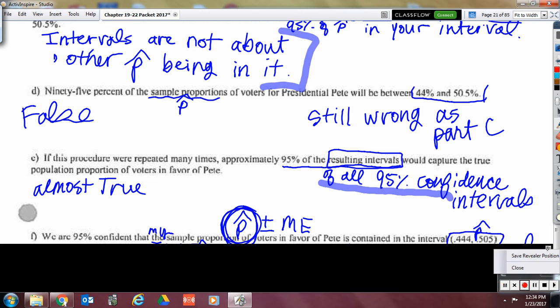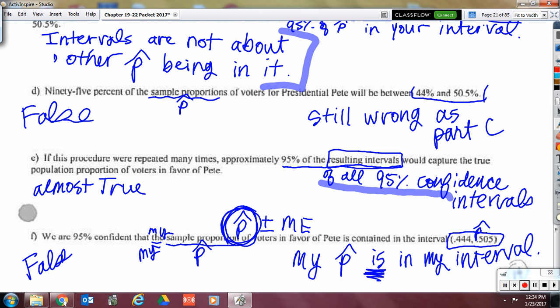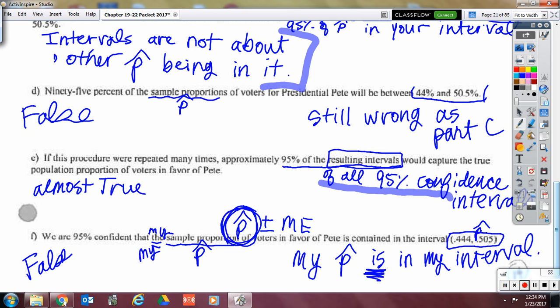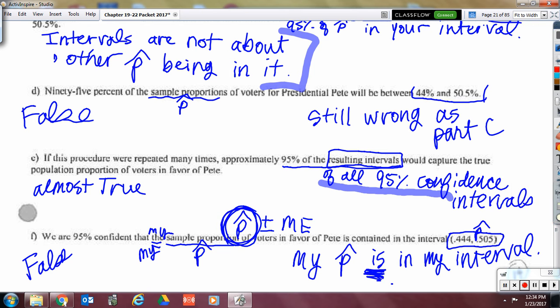Because if I made my interval with my p hat, then heck yeah, my p hat is in my interval because I made my interval with my p hat. Okay? So these are just so intensely subtle and very detail-oriented words about samples being in the intervals and all that kind of stuff.